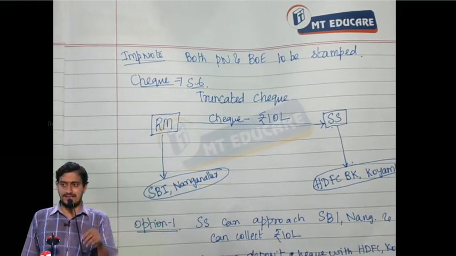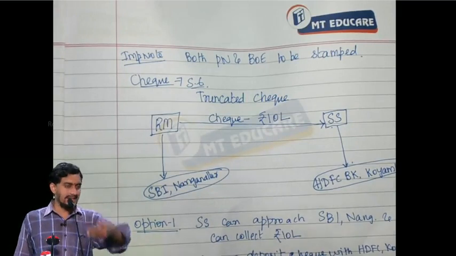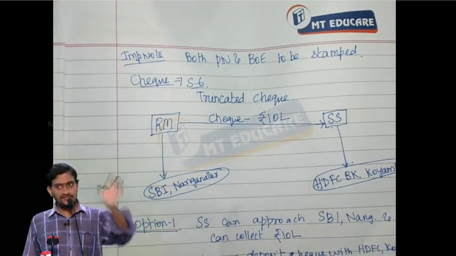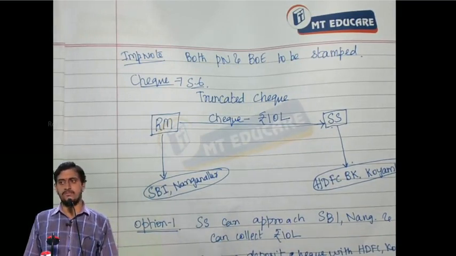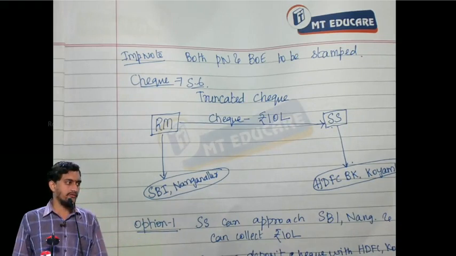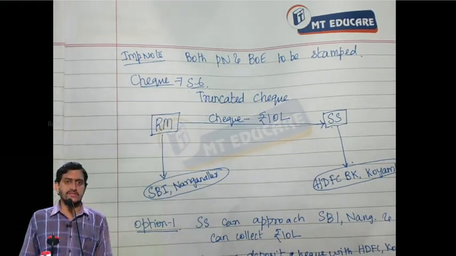When the check is written, it is in a paper form, you use pen. When the check is signed, it is in a paper pen format. And after the check is given to the banker, he scans the check and converts it into an electronic form. This is what we discussed yesterday. Is everyone with me, friends?